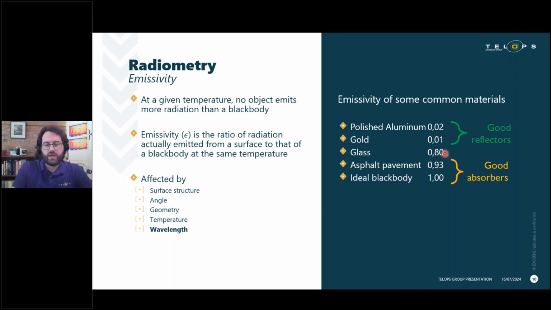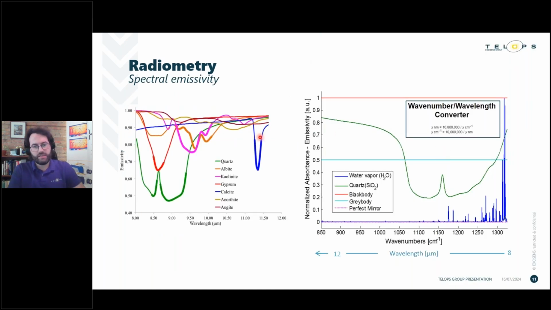Now, to have a good idea of what it looks like, that's the kind of emissivity spectrum that you can get. You can see that the radiance, in this case of different minerals, differs very much depending on the wavelength. At 9 microns you're at 0.5 emissivity.